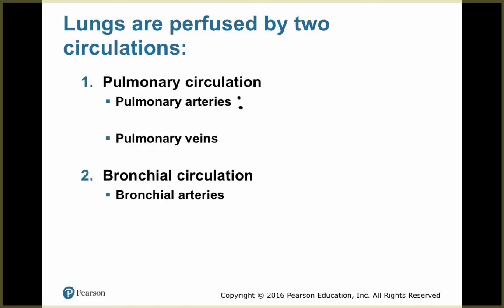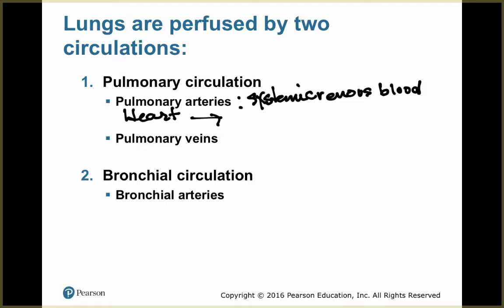So we have systemic venous blood that's going from heart to lung, right? So that we can add oxygen to it.